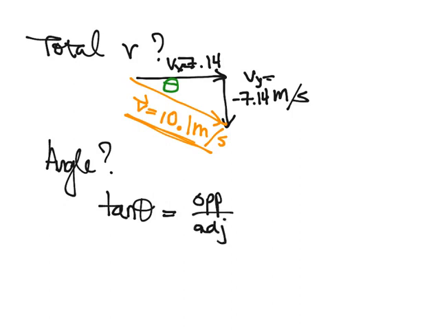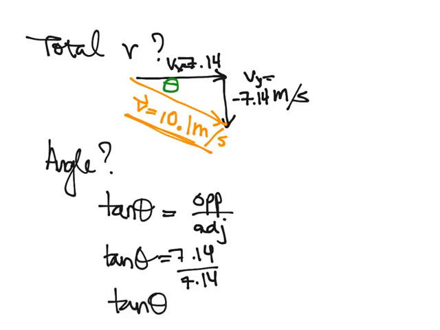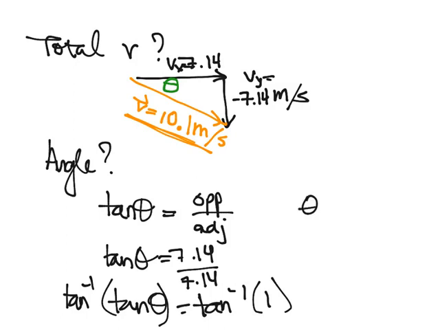In this case we have 7.14 over 7.14, so tan theta is equal to 1. We take the inverse of both sides, so we have tan^-1 of tan theta, and that just gives us theta. Then tan^-1 of 1, and we end up with theta equal to 45 degrees.